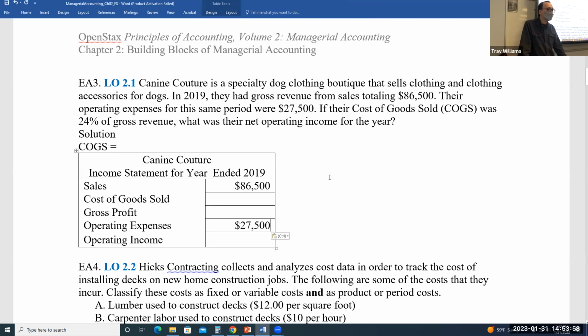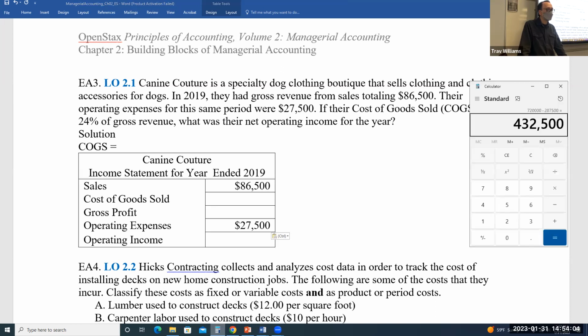It says that their cost of goods sold was 24% of their gross revenue. Okay, so how do we calculate that? The gross revenue is just the sales. Times by 0.24.